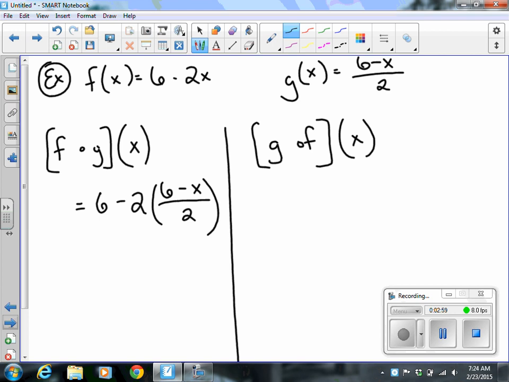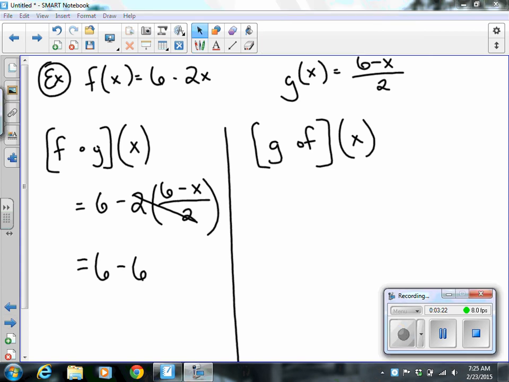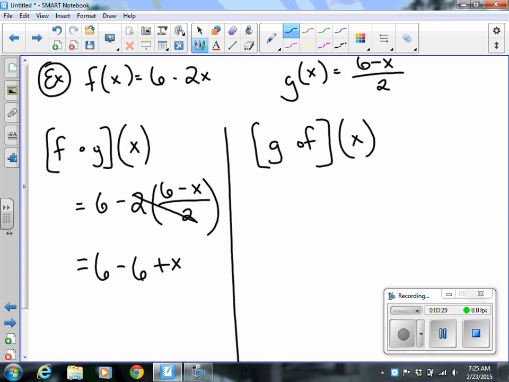Okay, so I'm going to go ahead and simplify this out, and I get 6 minus 6, because our 2's cancel. Then with our x's, we have a negative and a negative, two negatives, so then it's a plus x. Well, 6 minus 6 is just 0, so my final answer is x.